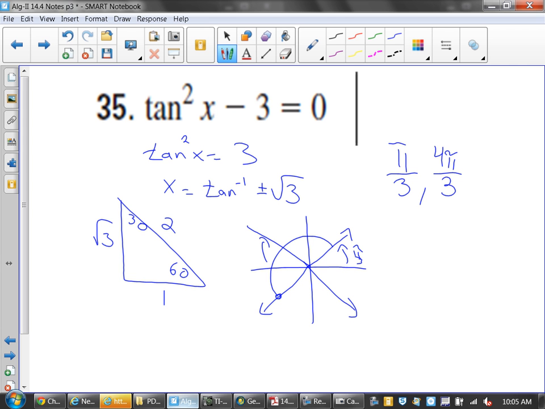In the third quadrant, what's that? Well, because this is pi over 3, this is 3 pi over 3, so that'd be 4 pi over 3. Now when I go to the third quadrant, write it out as pi plus pi over 3. When they're talking about within one revolution, you didn't put in n, did you?